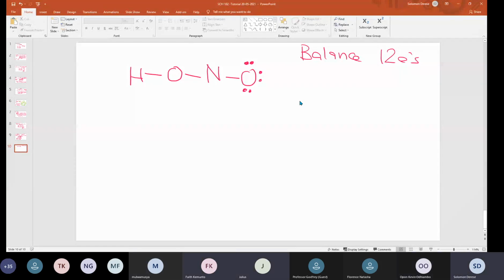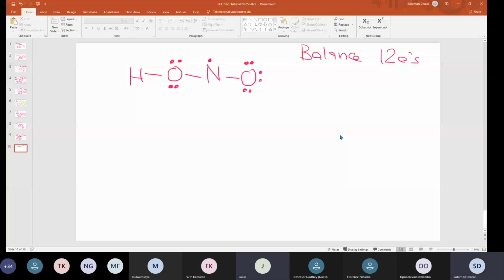Now, how many electrons will this other oxygen need? As lone pairs, 1 here, another here. Do we have anything left? Yes, because we have 2 more. So the remaining pair we put in here.